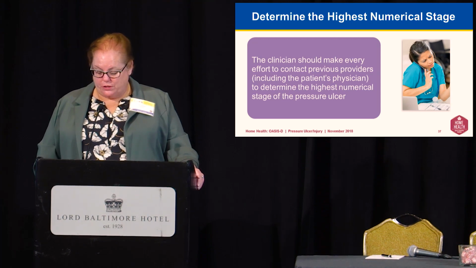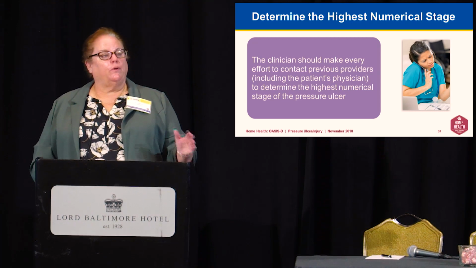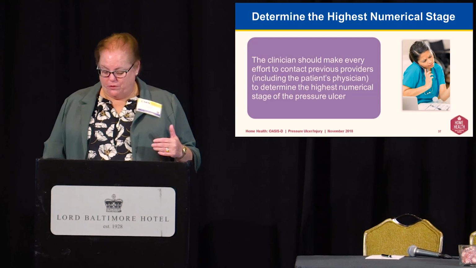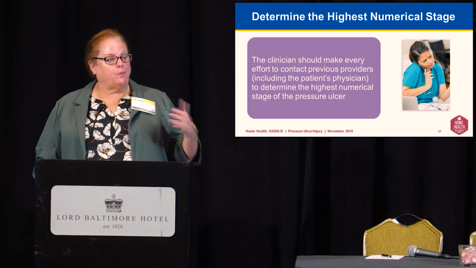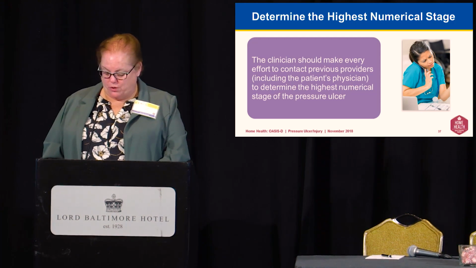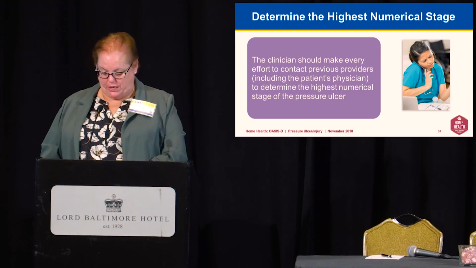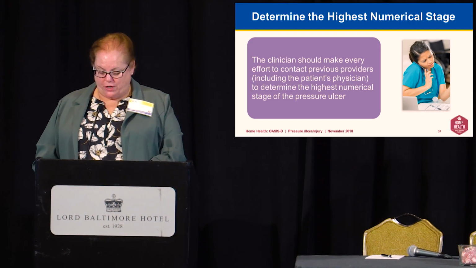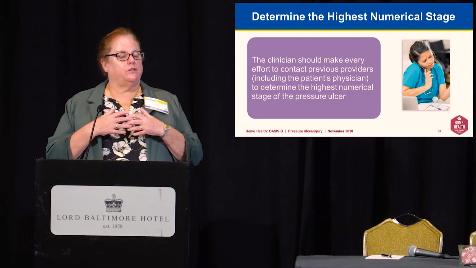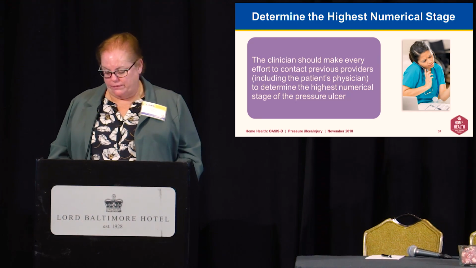You can do this by looking at transfer documents that came in. It could be that you actually spoke to someone and they verbally told you what the stage was at its greatest numerical stage, and you want to make sure that you capture that, because that is what that pressure ulcer is until it's closed and healed.